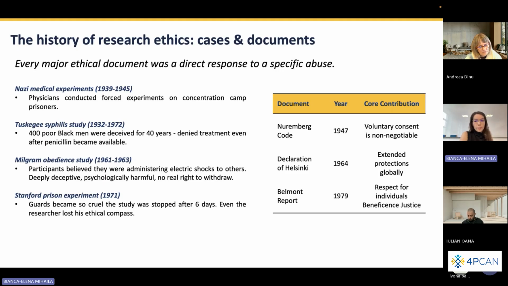And this event is linked to the Declaration of Helsinki.